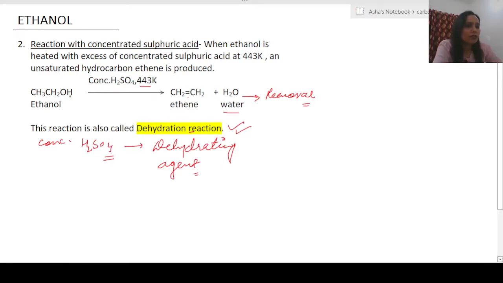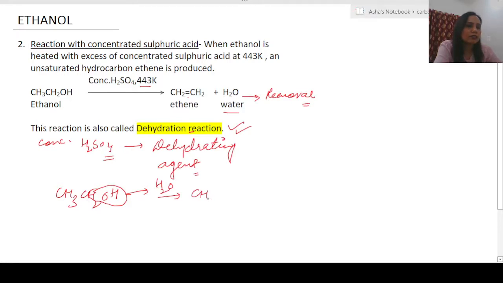Now in this reaction, if you see, it is CH3CH2OH. There is a removal of a water molecule, that is this O, this H, and one H from here. They are going out. So from here a water molecule is going out.